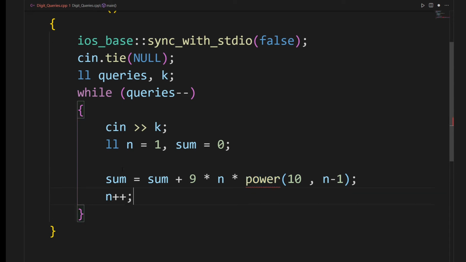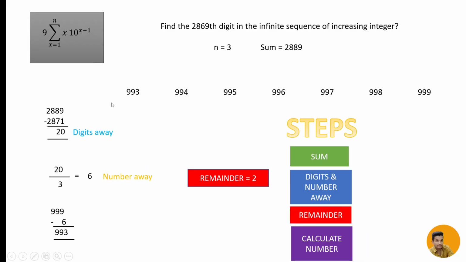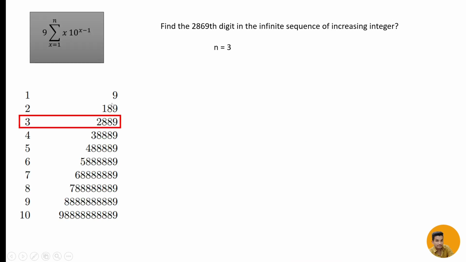So you need to do this. But how long we need to do this? We need to do this until we are below the sum, which is 2869. So as soon as this sum exceeds this 2869, we are gonna stop. We will write the running condition.